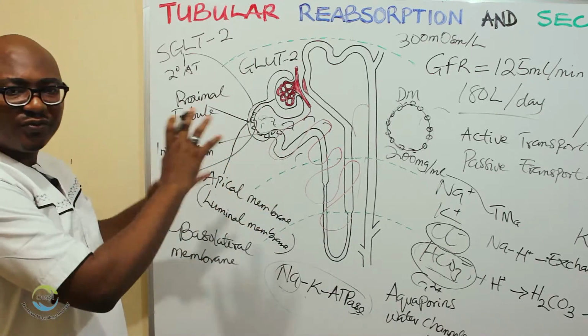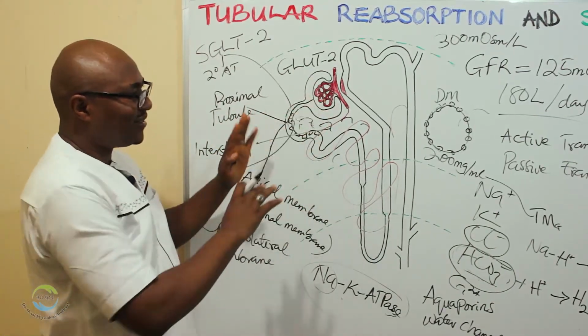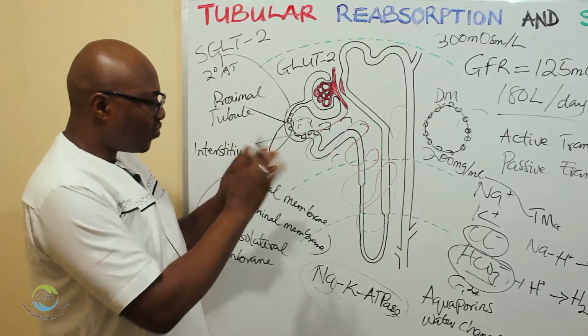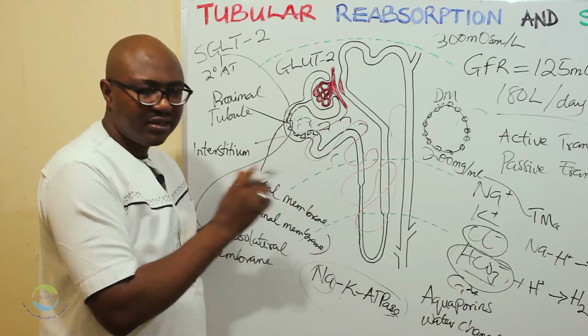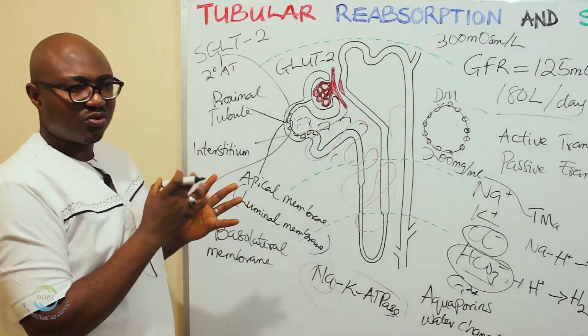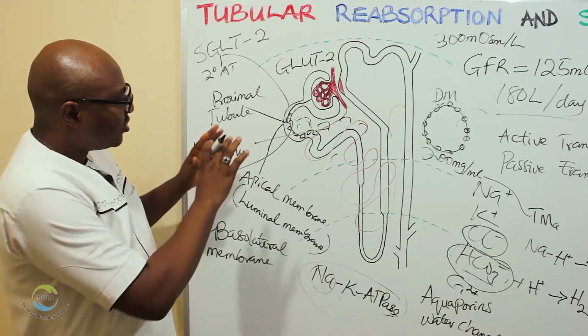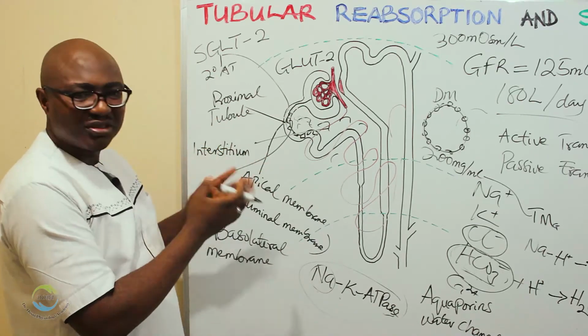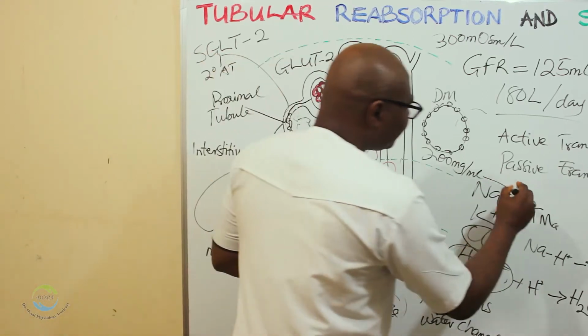You see a lot of things happen in this proximal tubule. Unlike the other places, we'll just be focusing on water, whether water is reabsorbed or not, solutes, majorly sodium, and so on. So we've talked about the proximal tubule. The secretion is not much in the proximal tubule. One of them is ammonia.